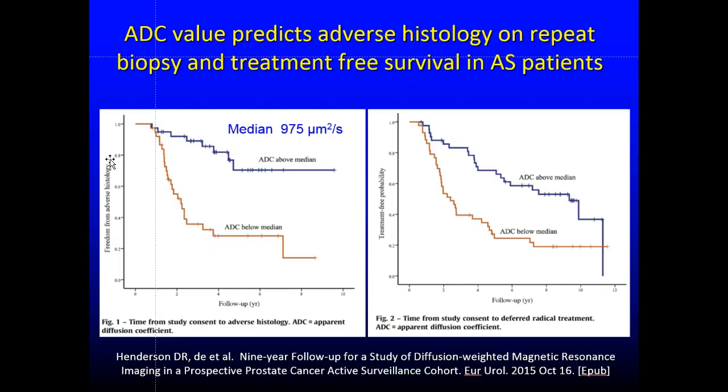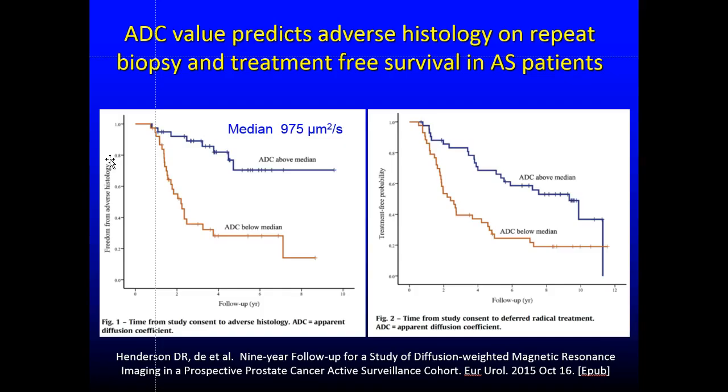So here is a paper that was published last year from the Royal Marsden looking at just the ADC value in patients who are undergoing multiparametric MRI before active surveillance. What you can see in the right-hand graph is the treatment-free survival of patients.